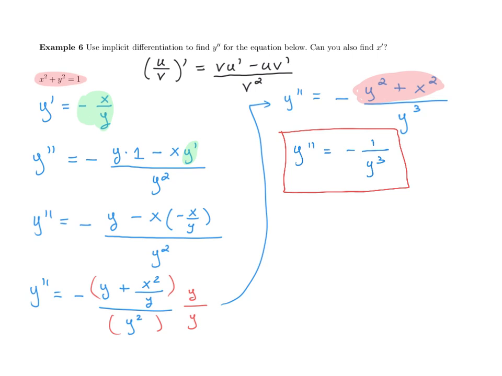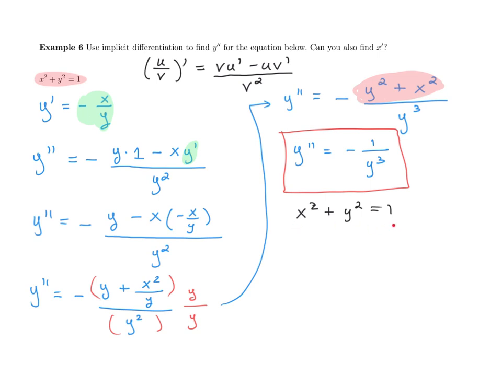I have one final thing to say about this question, and let's just go back to that original equation, which was x squared plus y squared is 1. So far, we've been taking derivatives with respect to x. You can, in theory, differentiate with respect to any variable that you like. So let's say you're asked to find x prime.